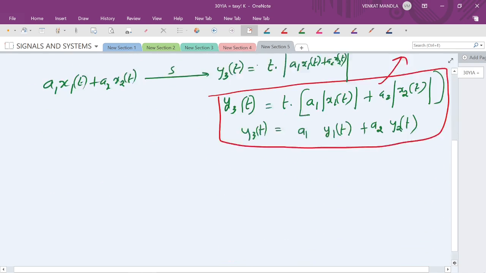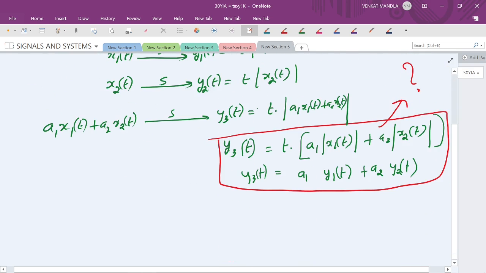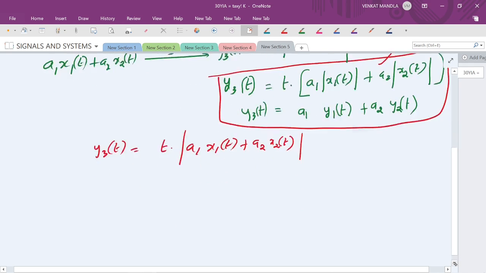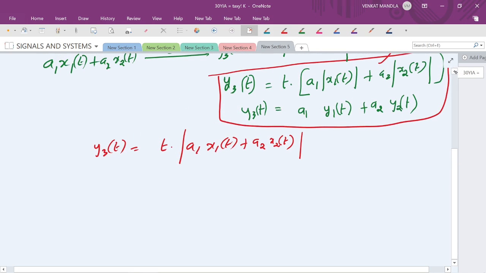We can't write, because y3(t) equals t times mod of a1 x1(t) plus a2 x2(t), and this one is always less than or equal to t times mod a1 x1(t) plus mod a2 x2(t), the individual mods.